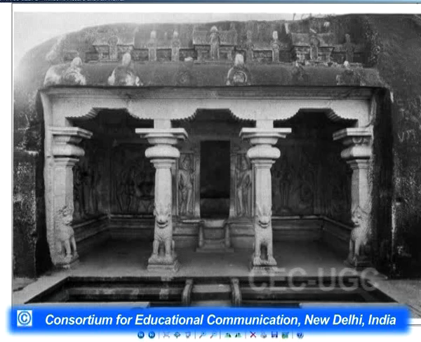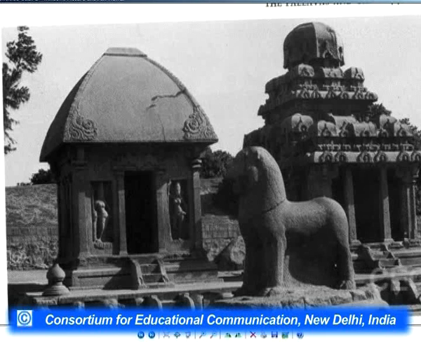It has no superstructure. We then find monolithic temples at Mahabalipuram, and these are called Panch Pandav Rath. This is a misnomer actually. These are temples dedicated to different Brahmanical deities, and here we can find three different kinds of structure. The first structure you are seeing is a typical example of the kuti type of temple.